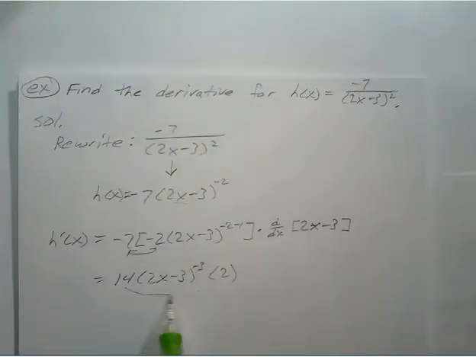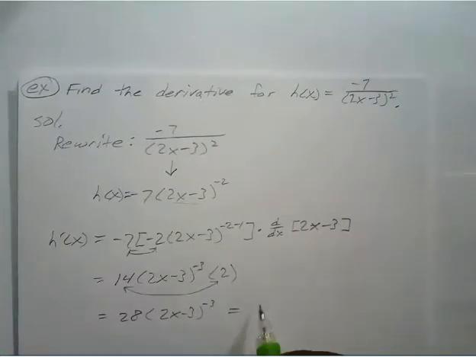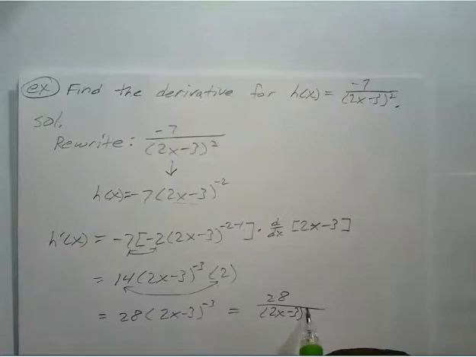Okay, so if we combine those two, we have 28 times 2x minus 3 to the negative 3 power. Or we have 28 over 2x minus 3 to the third power.